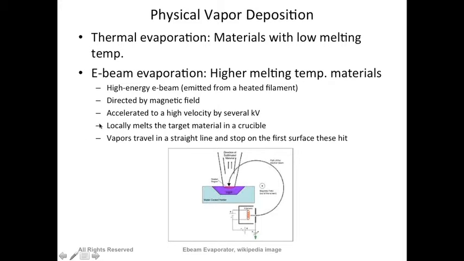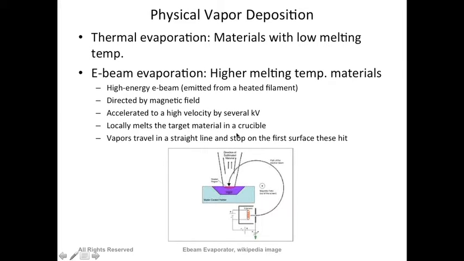You have a target, and an electron beam directed with electromagnetic lenses and accelerated at a high voltage, a couple of kilovolts. The electrons strike the surface and provide energy that heats the target locally, and then it starts evaporating.